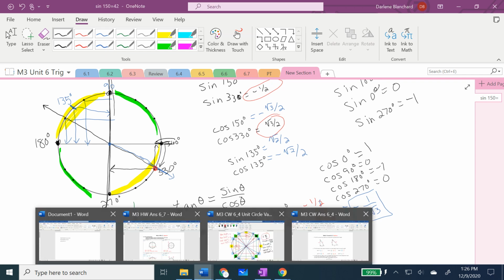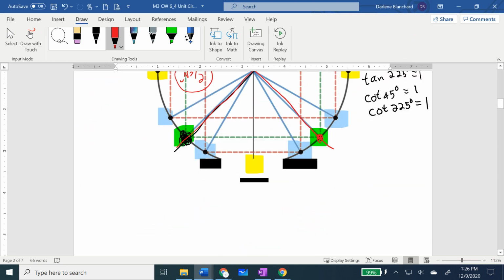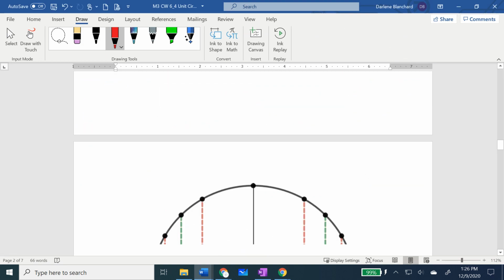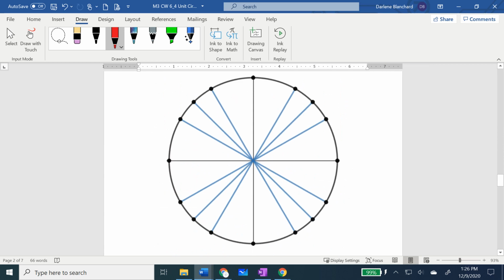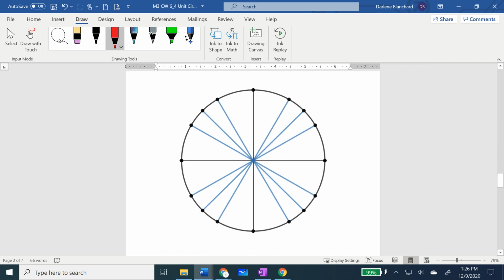And this is where I like to look at this circle when I'm dealing with tangent or cotangent. Always, always, always, tangent and cotangent have their identical values directly 180 across the unit circle.